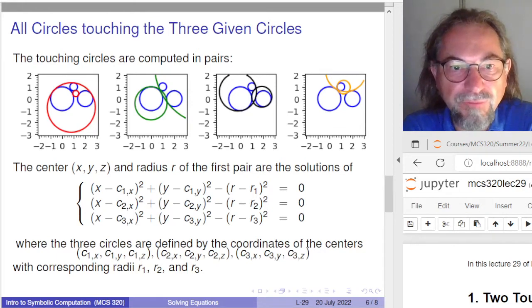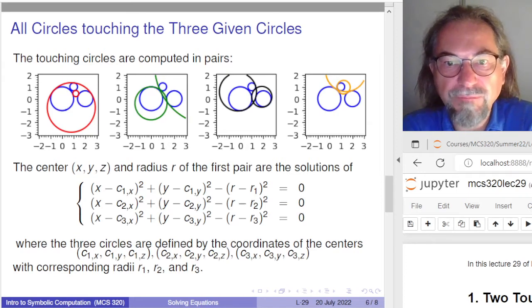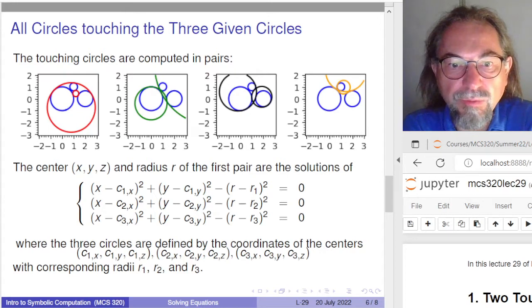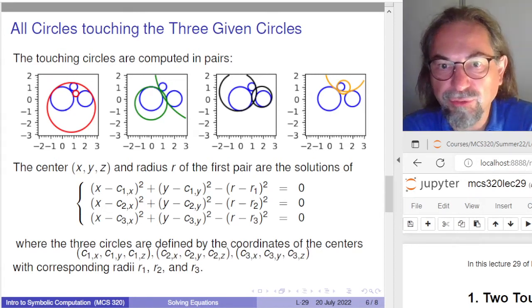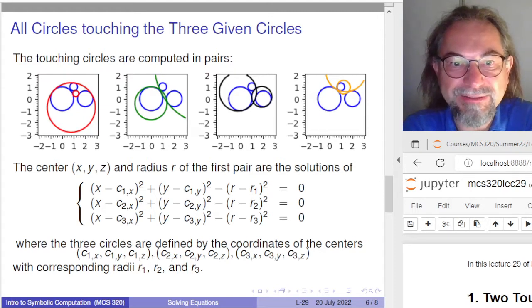So the first plot with the 2 red touching circles is a solution of a polynomial system of 3 quadratic equations, where we have the 3 circles that are given by the centers and the radii. So the system of equations has a center x and y, so not x, y, z.